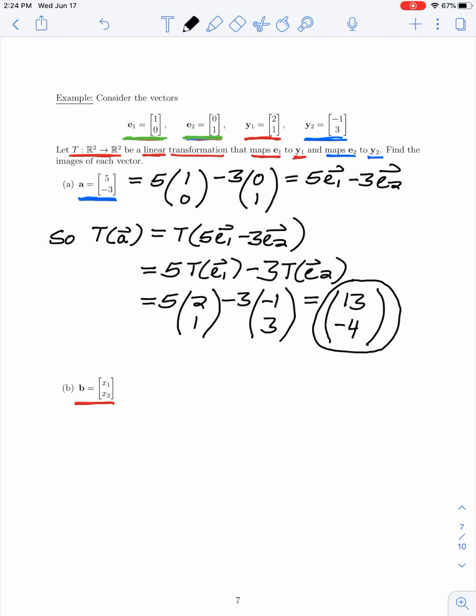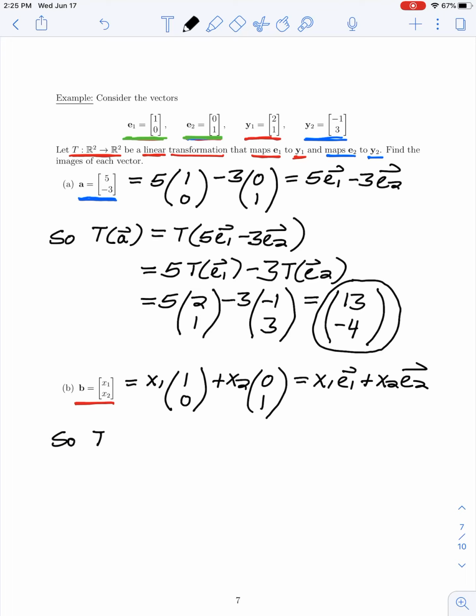As we did in part A, I could write this vector in terms of E1 and E2 as x1 times (1, 0) plus x2 times (0, 1), which is the same as x1 times E1 plus x2 times E2.